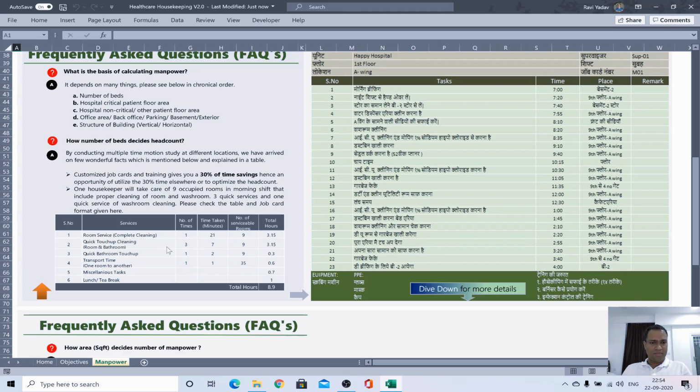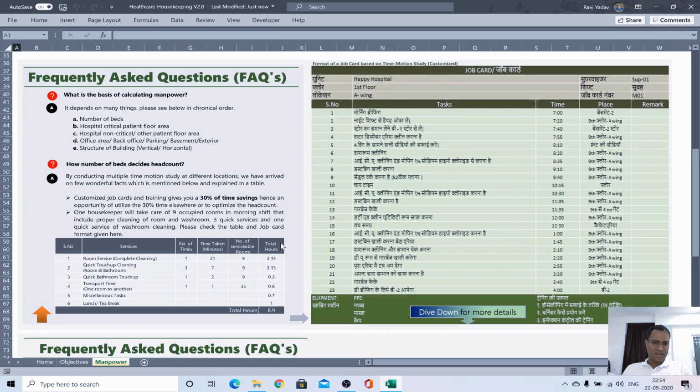Room service, the complete cleaning, is done one time in a shift. The total time taken is 21 minutes per room, which includes cleaning the washroom, the patient room, the bed, the floor, and almost everything. The total number of rooms they service is 9, and the total hours covered is 3.5.